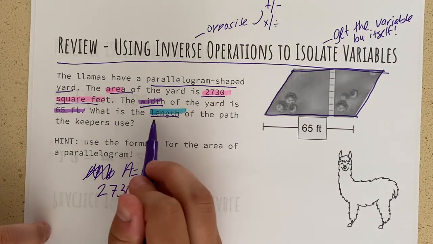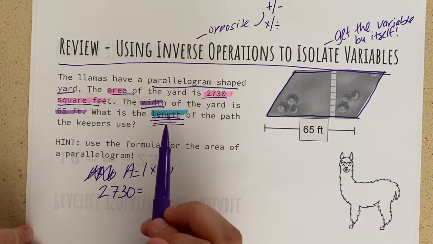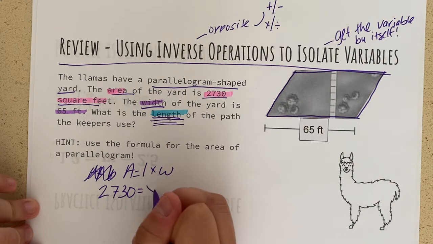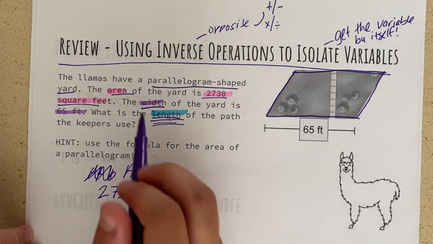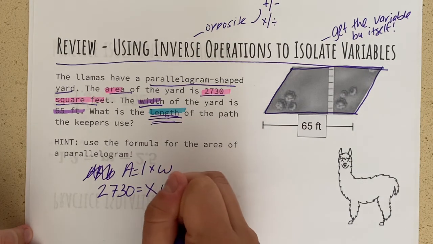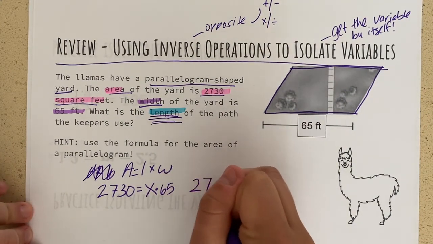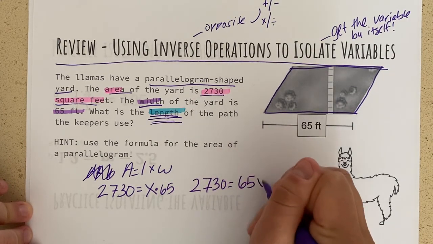Do I know the length yet? I don't know the length yet because the question is asking us what is the length. So I'm gonna substitute x for that. That's our missing variable. And our width is 65 feet. So you could have written it like this, or you could have written it like this.